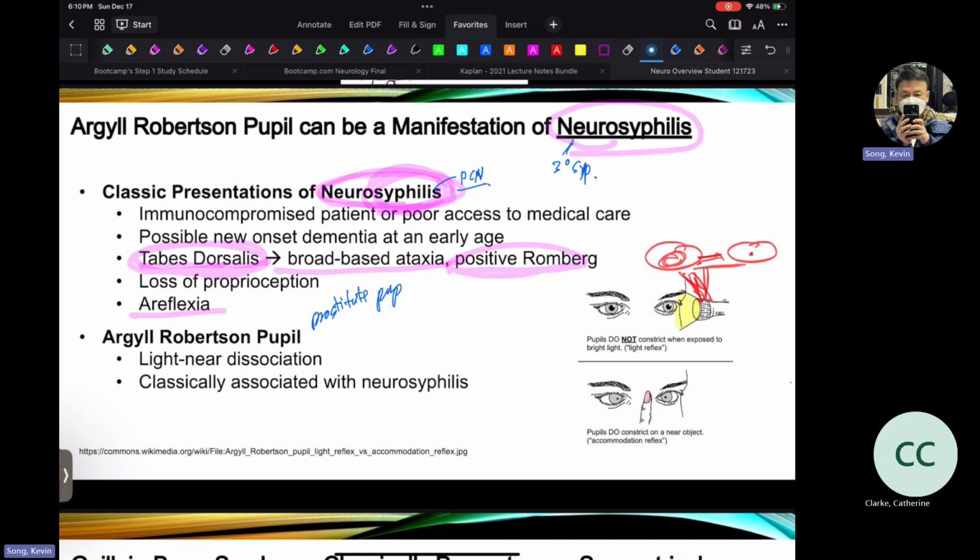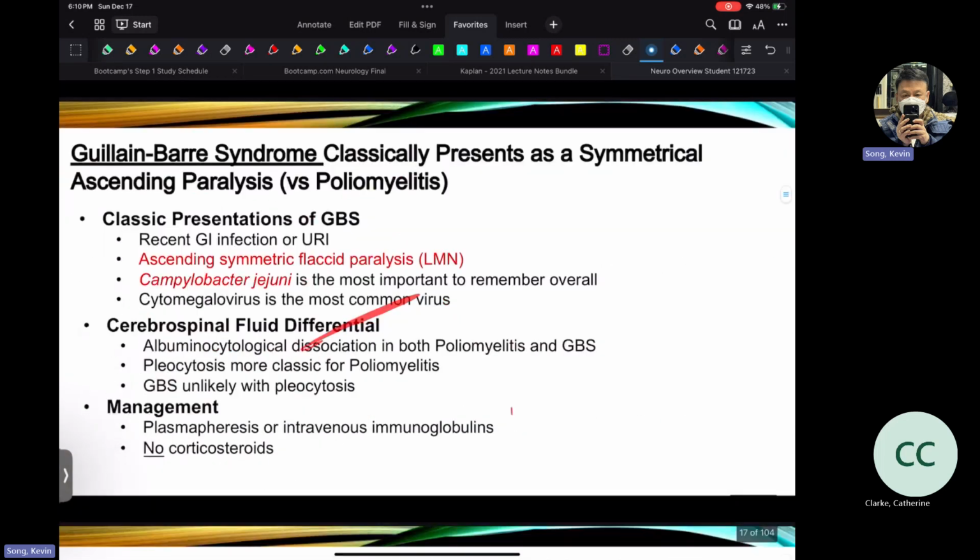That's the reaction, the pupillary response. It's not there. So that's why it's called accommodate but not respond. That's why it's called the prostitute pupil. All right, so that's neurosyphilis.